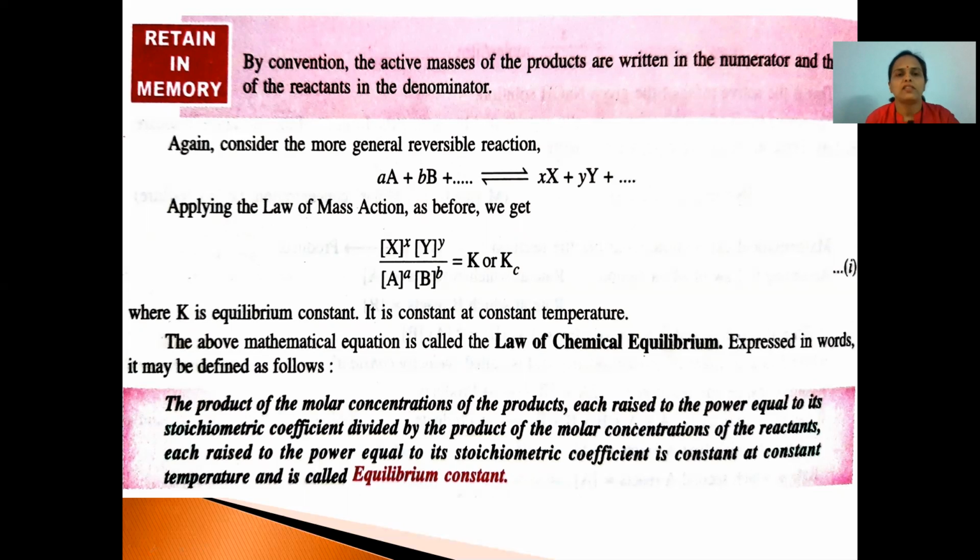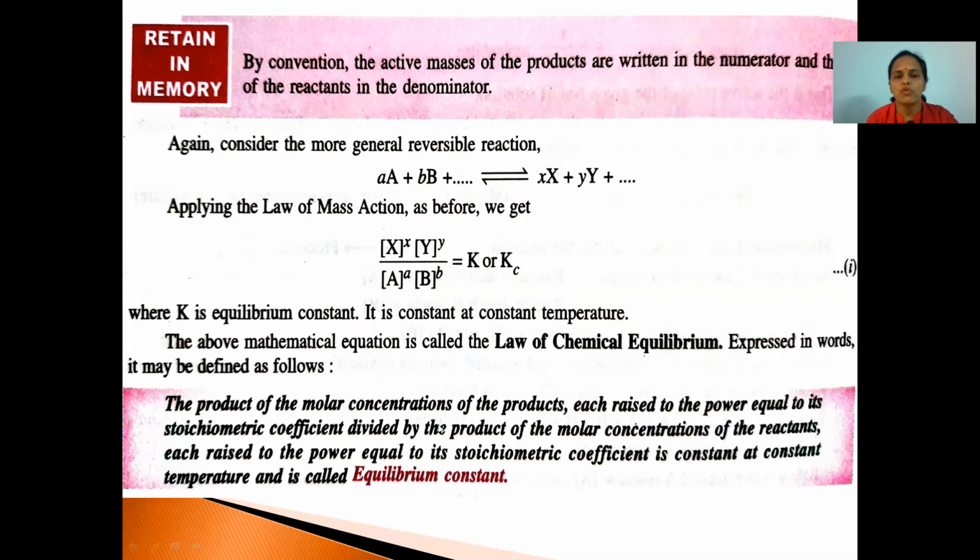If you apply the law of mass action, we get the active mass of X to the power x into the active mass of Y to the power y upon the active mass of A raised to a into the active mass of B raised to b is equal to K or Kc, where K is your equilibrium constant at constant temperature. And this mathematical equation is called the law of chemical equilibrium and is defined as follows.